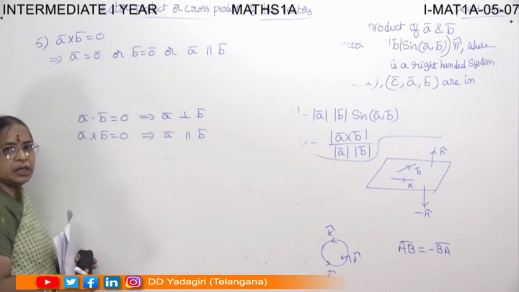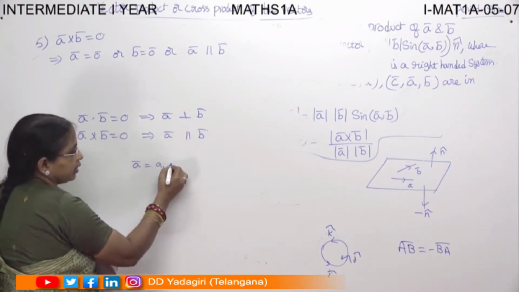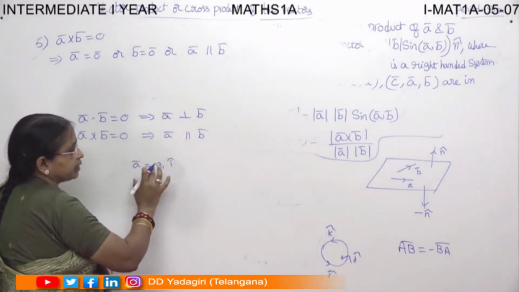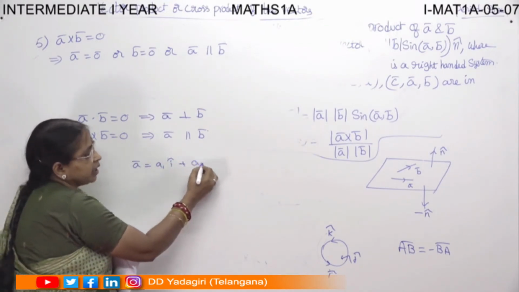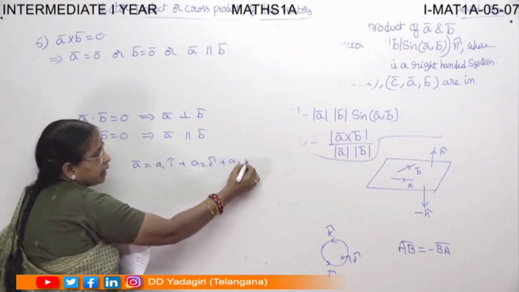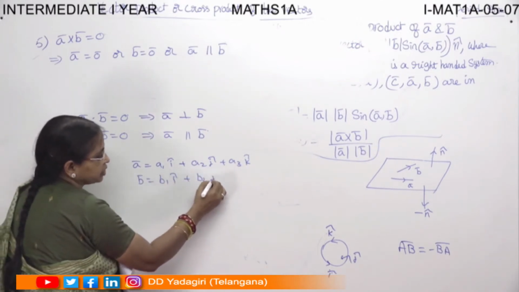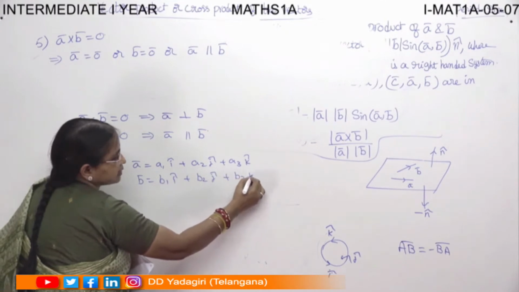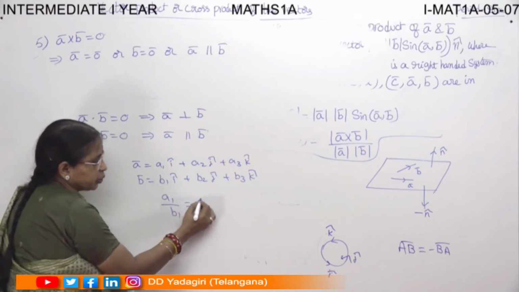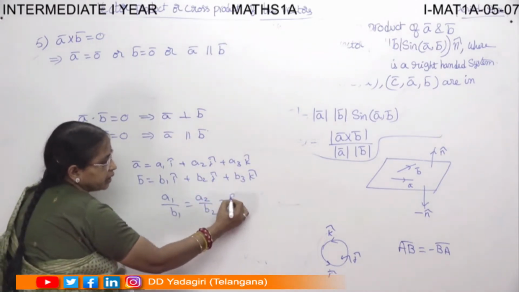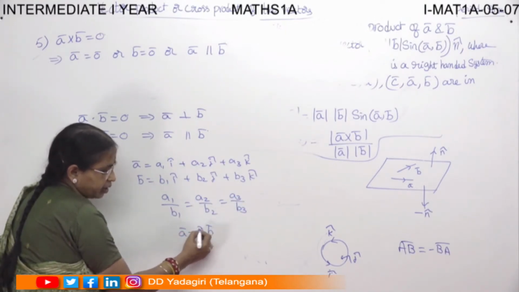But in the first chapter, in addition of vectors, to prove that two vectors are parallel or collinear, we used another method, another property satisfied by collinear or parallel vectors. Suppose A is A1 I plus A2 J plus A3 K, and B is equal to B1 I plus B2 J plus B3 K. They are parallel or collinear if A1 by B1 is equal to A2 by B2 is equal to A3 by B3, or you also have A is equal to lambda B, or tB.